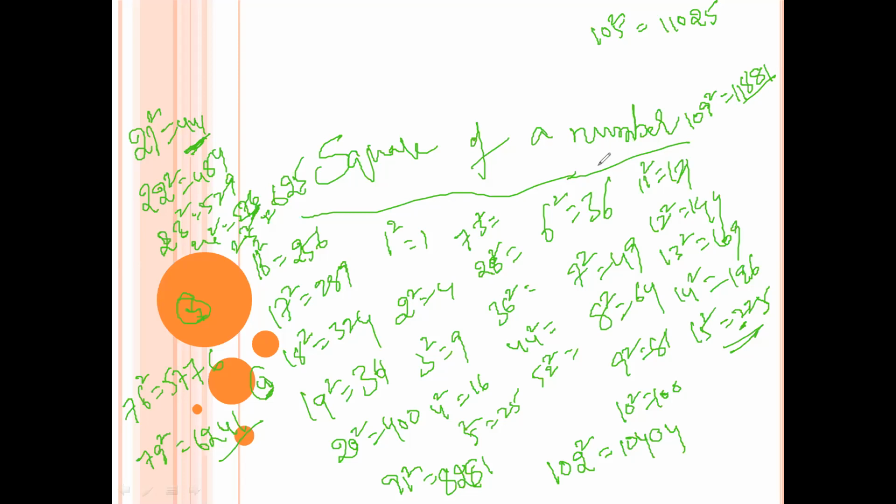Next, here we go for another method. Now here we see another method. For example, suppose we want to find 23 square. In this 23, 2 is one digit and 3 is another digit.